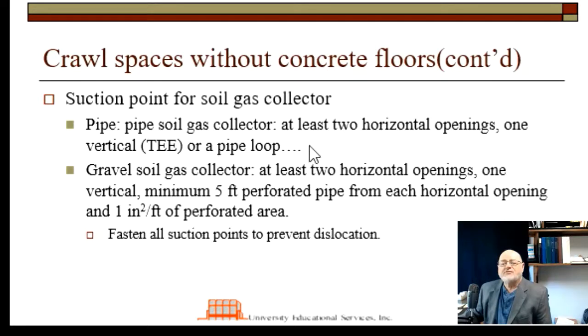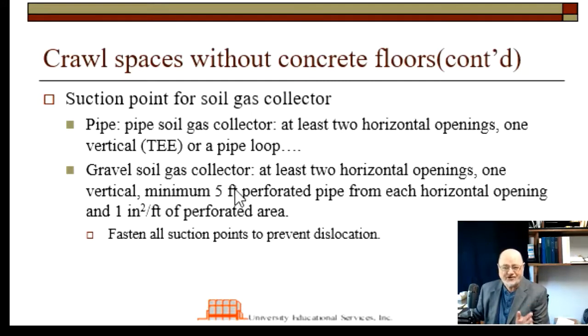Now, some of this I've already mentioned. If you're using a pipe soil gas collector, really you're going to put a T in. You're going to have 2 horizontal openings and 1 vertical. So that's a T. Another variation you can do is you can put an entire pipe loop in if you want. And then for the gravel soil gas collector, just to underline this, you've got to have 2 horizontal openings and 1 vertical.